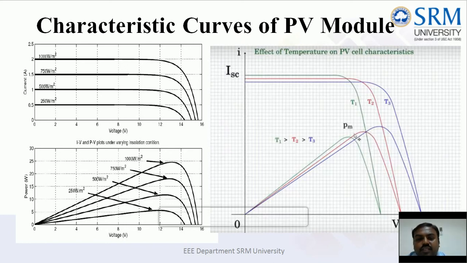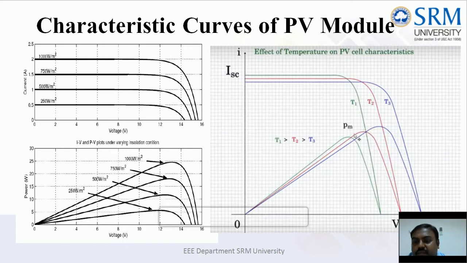You can see that in the IV and PV curves, the open circuit voltage moves to the left side. The reason is that we should assume there is an increase in irradiation as well as an increase in temperature. The effect of temperature on PV cell characteristics can be clearly seen in the tricolor graph I have shown you: T1, T2 and T3.